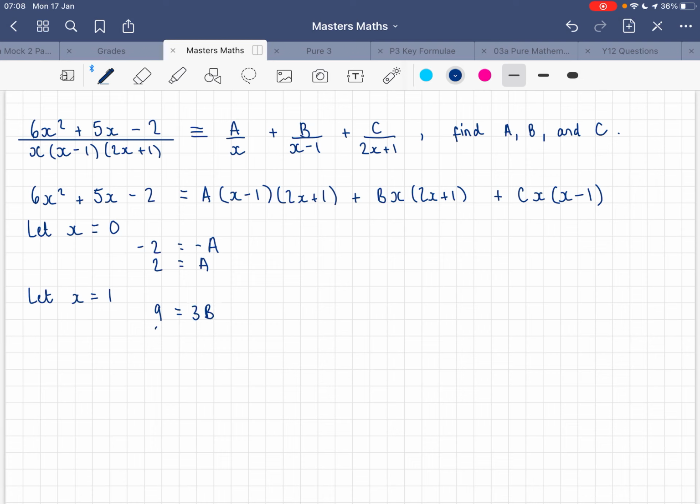Divide 9 by 3 gives you b is equal to 3. Nice and easy.